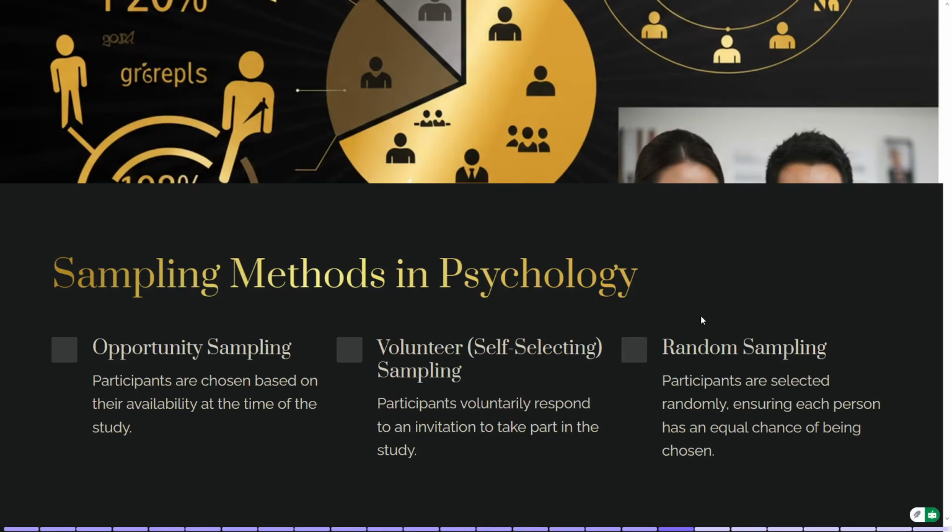All right, we also have random sampling. Random sampling is where you select people randomly out of maybe a large population. You select people randomly using a particular method, but ensure that everybody has equal opportunity to be selected. Maybe you go to a particular class, you have 20 papers folded in a box.